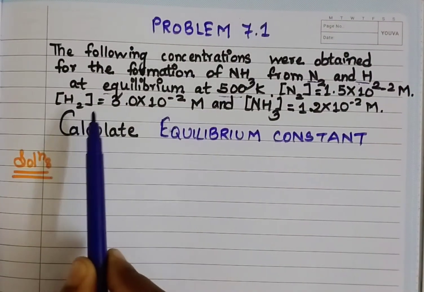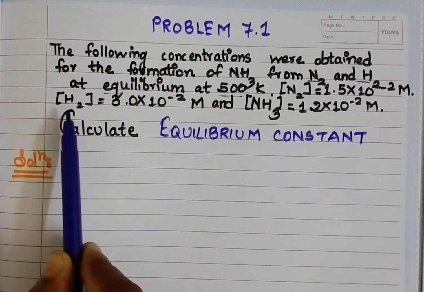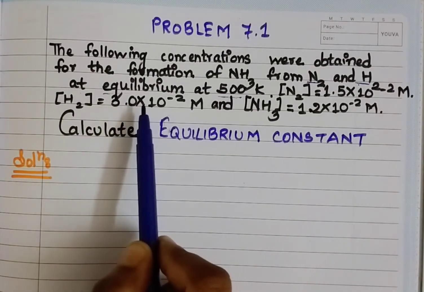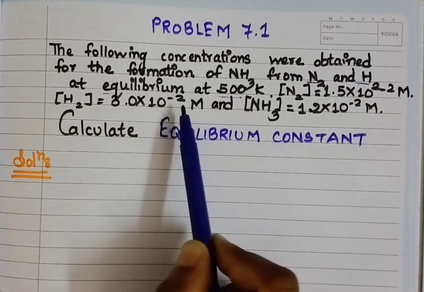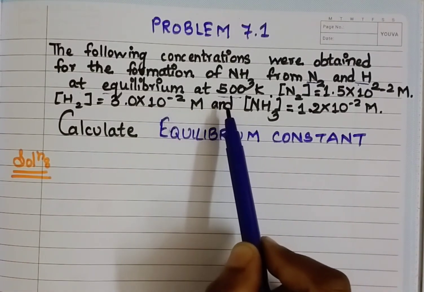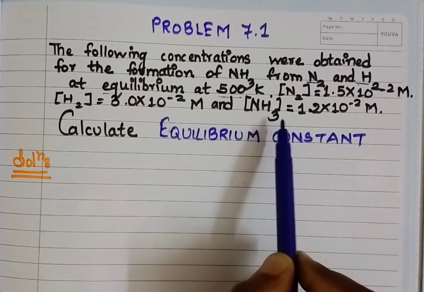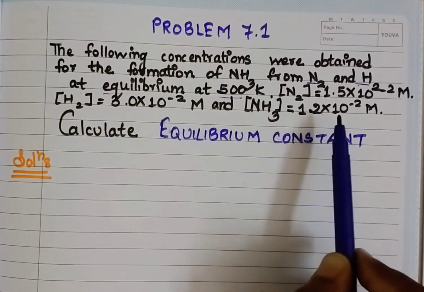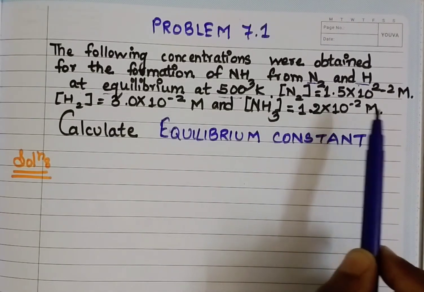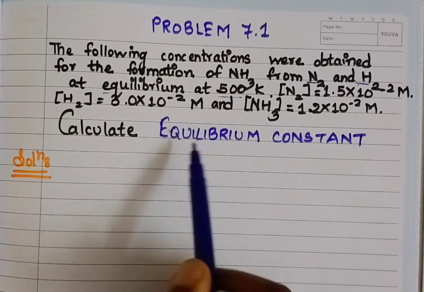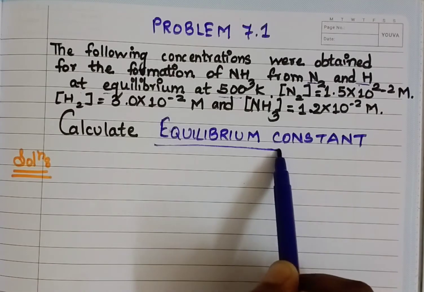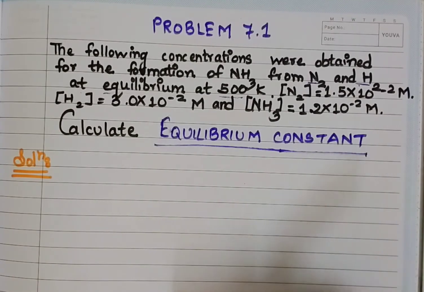And the concentration of H2 is also given, which is 3.0 into 10 raised to the power minus 2 molar. And NH3's concentration is 1.2 into 10 raised to the power minus 2 molar. Now the question is to calculate the equilibrium constant. So let's get started.